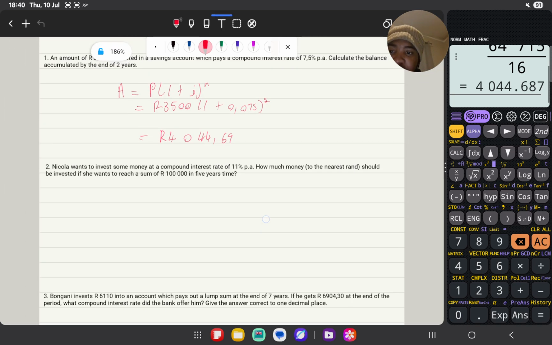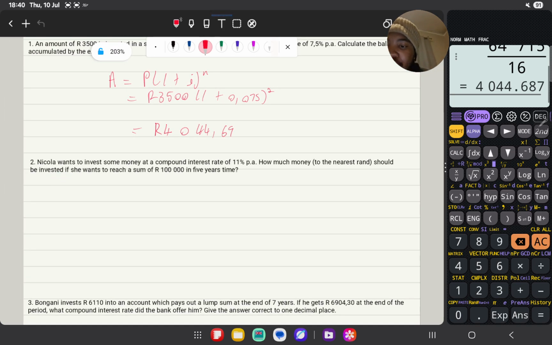We go again. Let's talk about Nicola. Nicola wants to invest some money at a compound interest rate of that much. So how much money, to the nearest rand, should be invested if she wants to reach 100,000, right? So we are calculating P here.